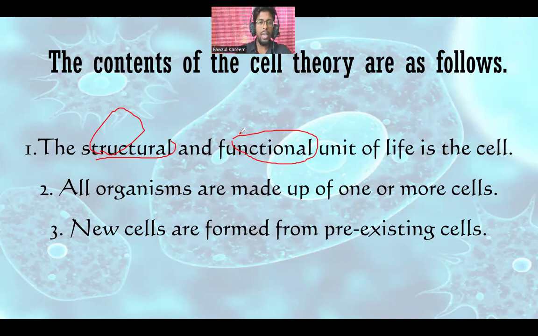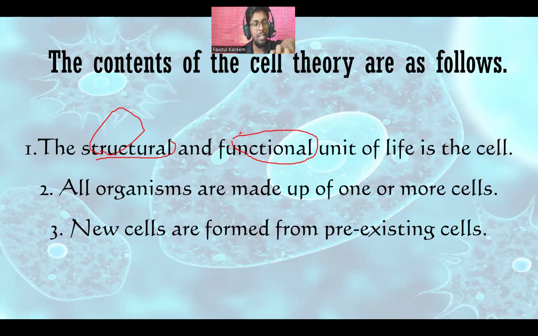That's why I can move my hand, I can talk, I can run. Why? Because all the cells are working together. If all the employees are dead, the company will close, because they can't work if there are no employees. Same like that, if there are no cells, we can't work.